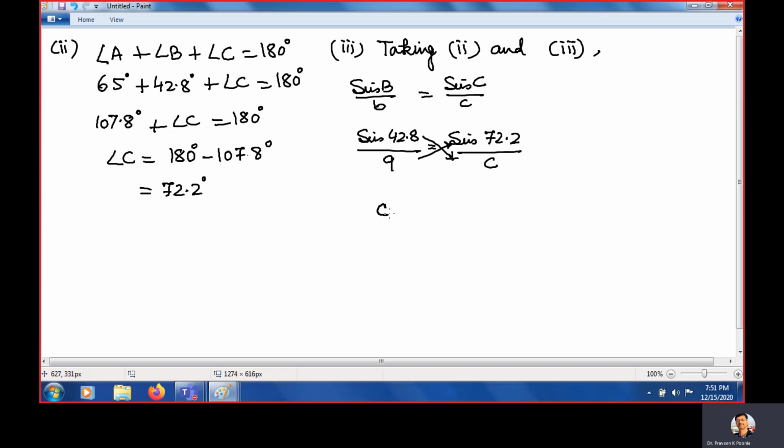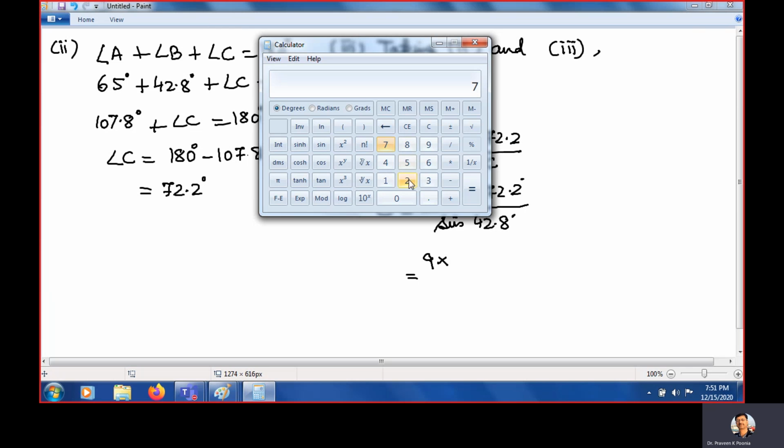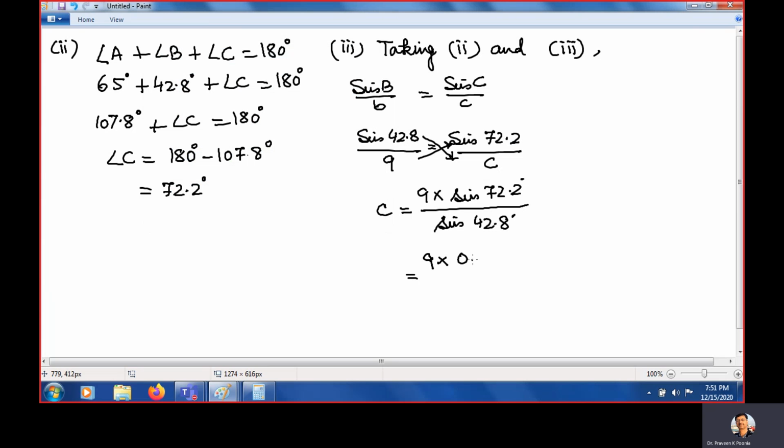So C will be the other two sides multiplied: 9 times sine 72.2 upon sine 42.8. So how much is it? 9 times. Now open the calculator. Sine 72.2 is 0.9521.